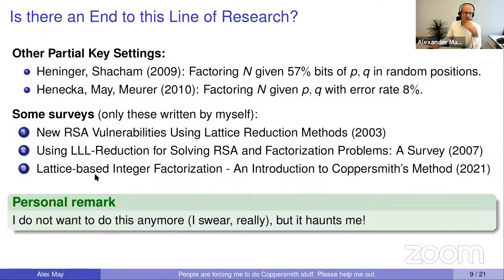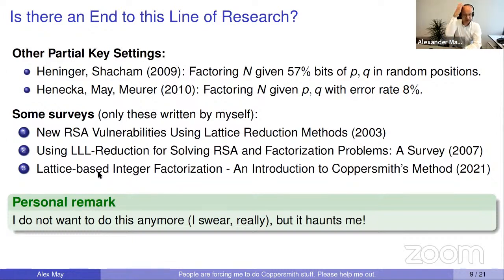And the last one was written in honor of the retirement of Arjen Lenstra, and people asked me to write a survey on cryptanalysis, and I said, look, I can write about these decoding algorithms that I did. They are somehow beautiful. I can write a survey about that, and they asked me, no, we want you to do Coppersmith. And I said, no, please don't do Coppersmith.